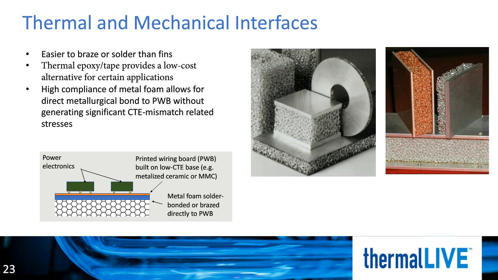This allows metallurgical bonding to the foam by soldering or brazing to low thermal expansion or low CTE materials like metallized ceramic plates, low expansion composites, among others. Since the CTE mismatch-related thermal stresses and deformations are limited, the reliability of the heat exchanger and thermal base is not compromised, as verified by hundreds of thermal cycles.